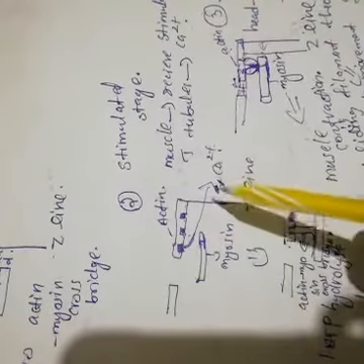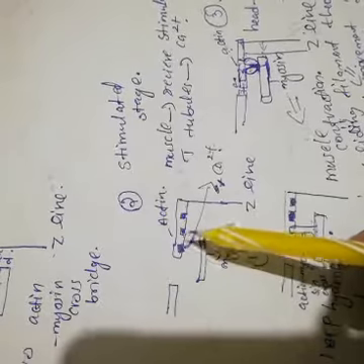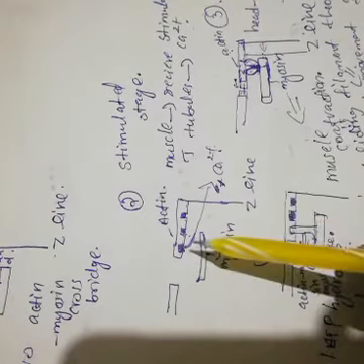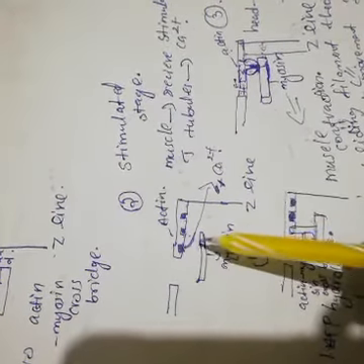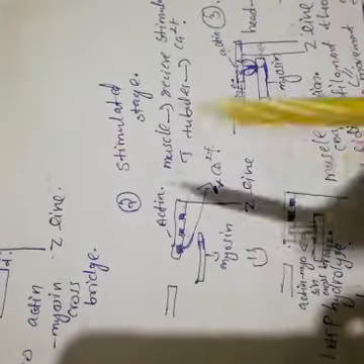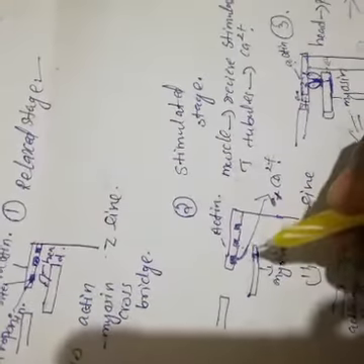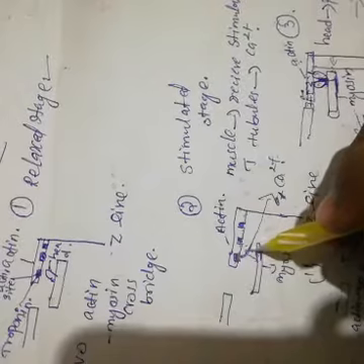Due to the combination between troponin and calcium, the active site of actin is now free, and to this free site the myosin head will attach.